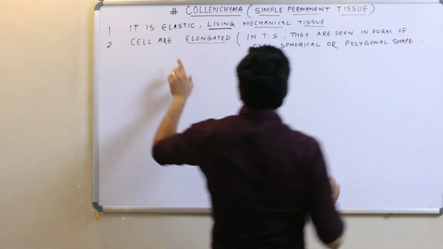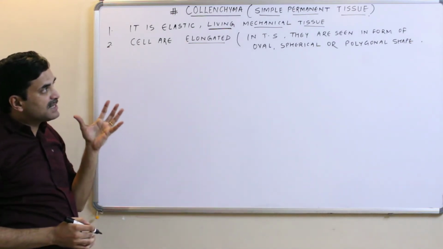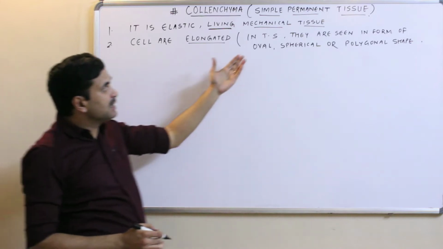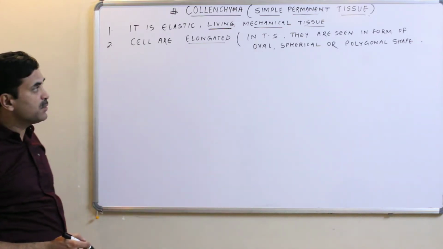Cells are elongated, but in transverse section you will see that cells are present in different forms. They may be oval, they may be spherical, or they may be polygonal.